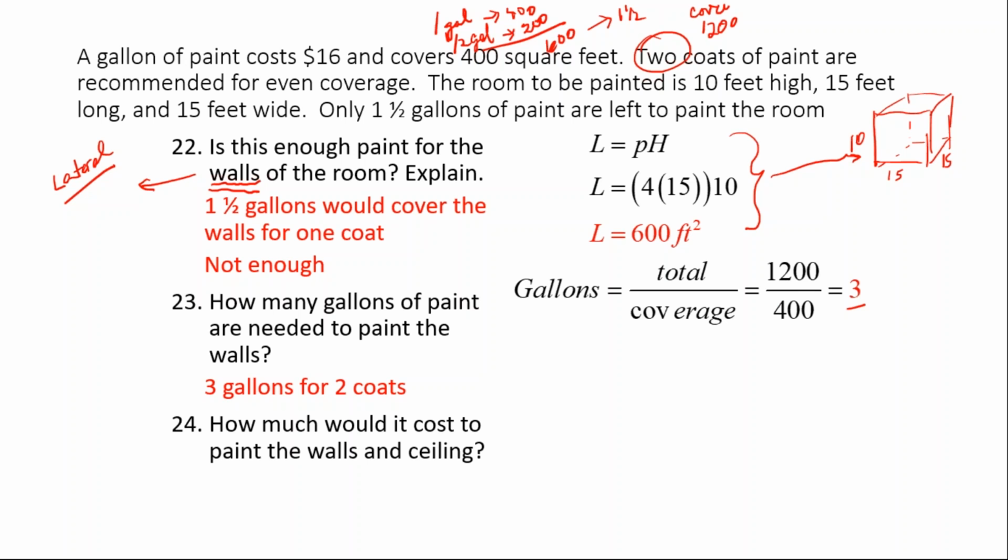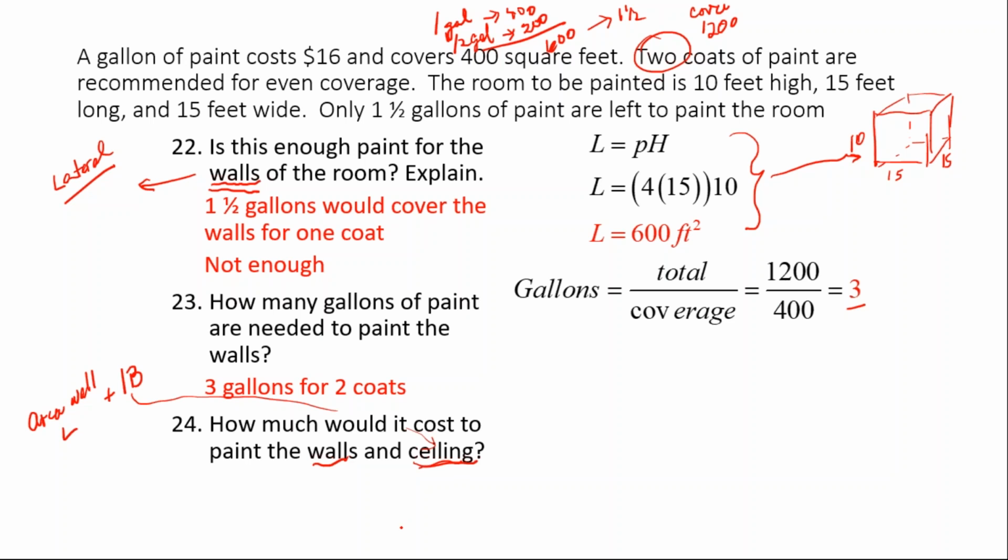Now this one, it's a combination. It's to paint the walls and ceiling. So I've got the area of the walls, which is my lateral, plus 1 base, because it's the ceiling. It's not the full surface area because you're not painting the floor. So you think about what you're painting.